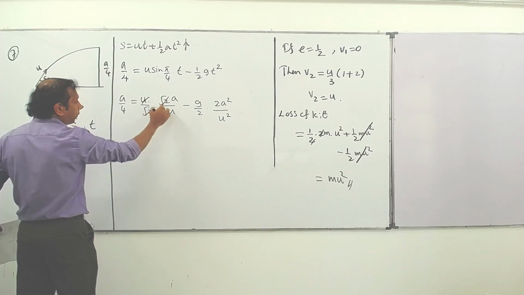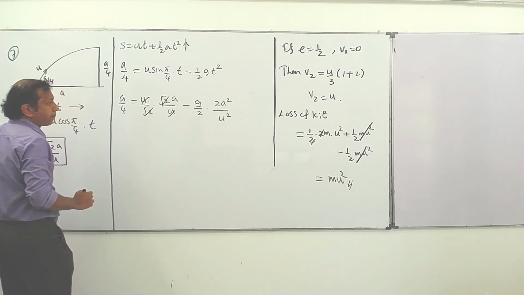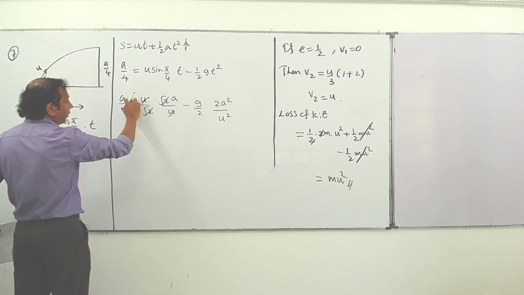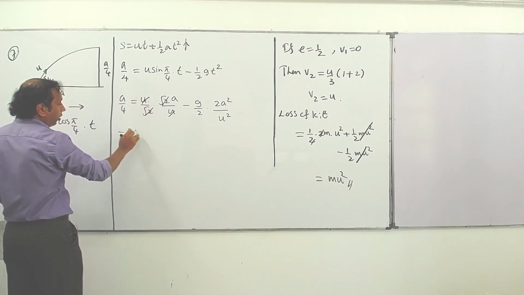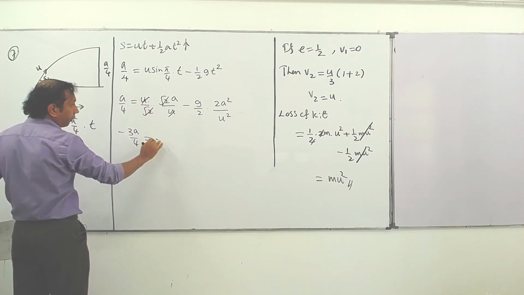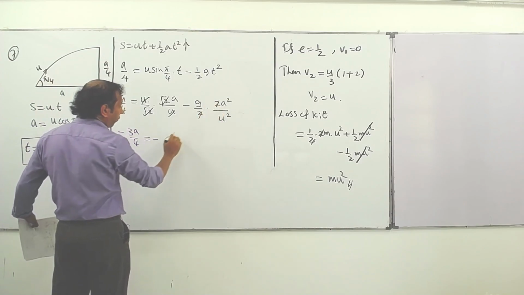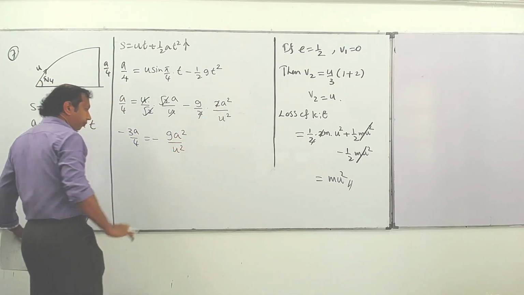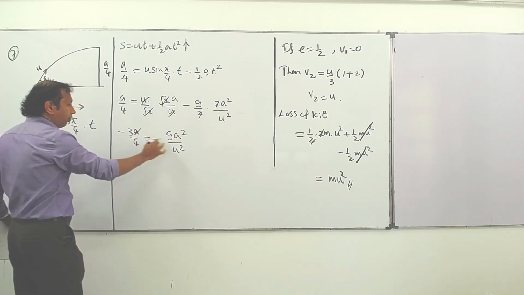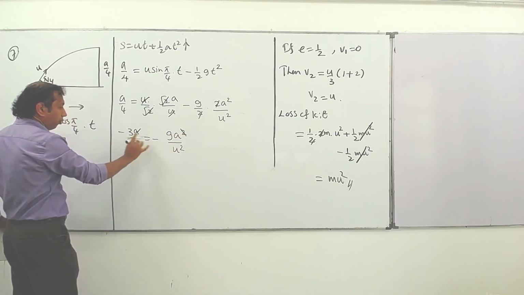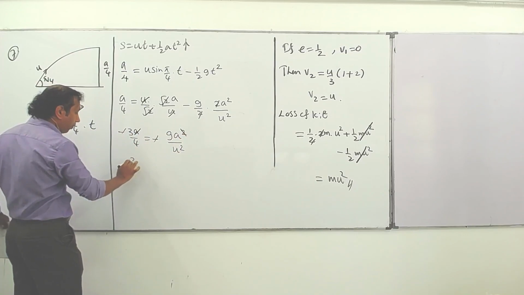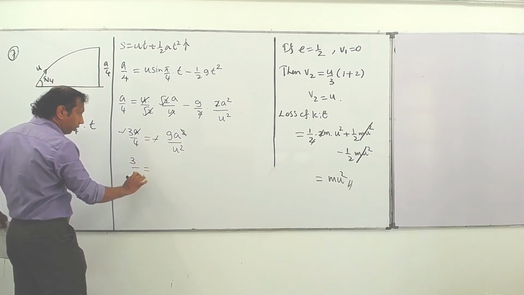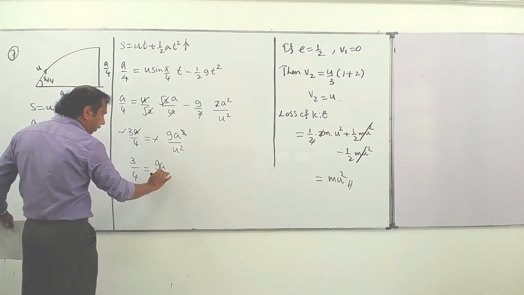This and this you can cancel down. Then bring this a to this side, minus 3a over 4 coming on the right hand side. These two you can cancel down, g a squared over u squared coming. This a you can cancel down, minus also we can cancel down. 3 over 4 is equal to g a over u squared.